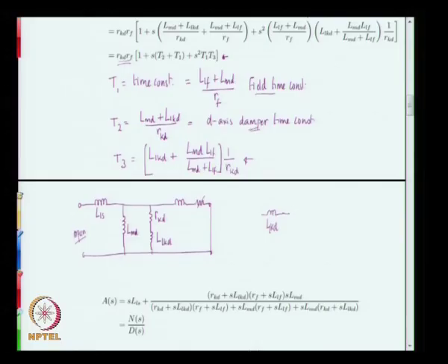Therefore, the inductance seen by this resistance is nothing but the inductance as appears as LLKD, and then you have two inductances LMD and this is LLF.